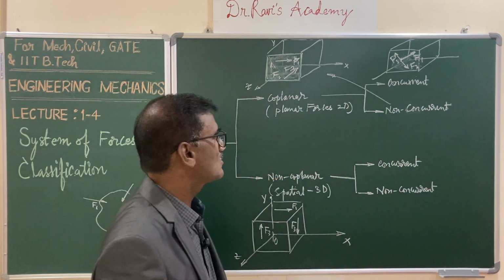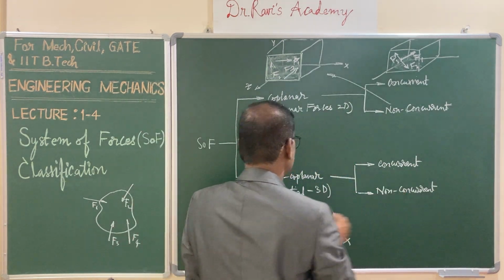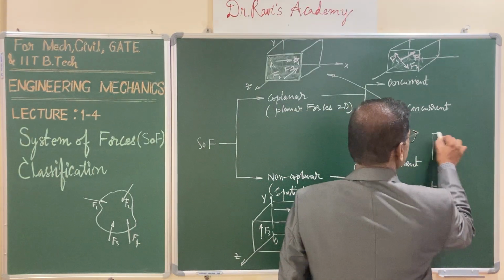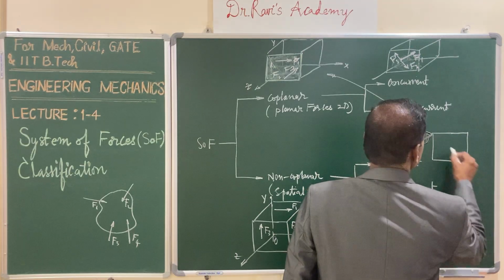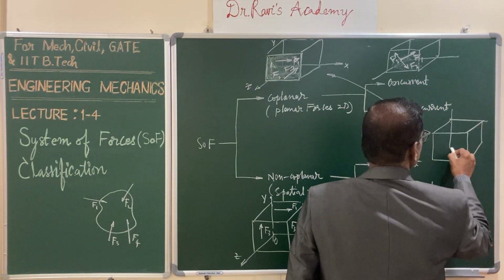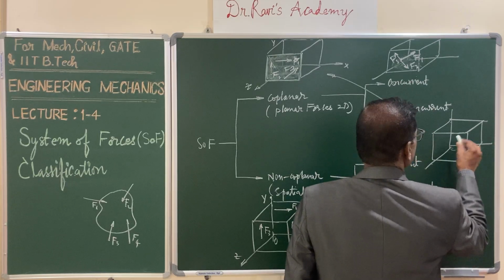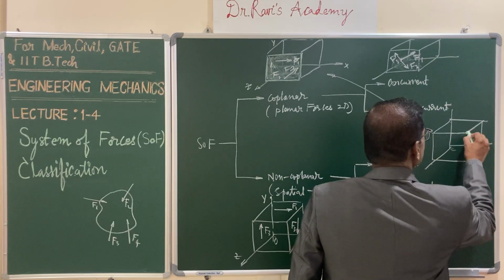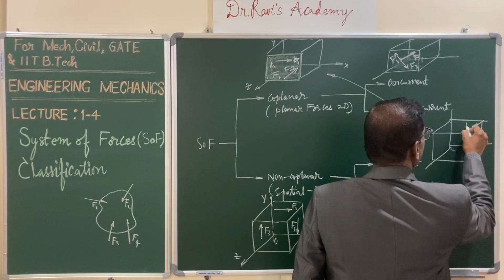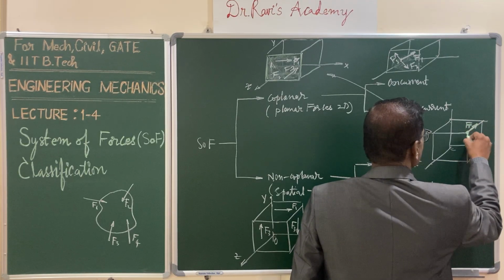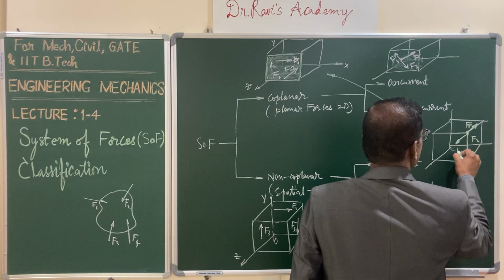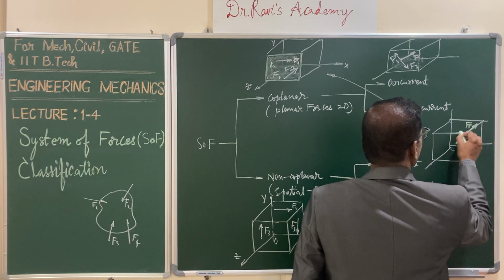Concurrent and non-concurrent: all the forces are three-dimensional forces, but meeting at a point. Let us consider the geometric 3D space, and in this 3D space your forces are meeting. Let us consider this is the point of concurrency, and I am taking this as F1 downwards, F2 at an angle, F3, and maybe F4 along this.